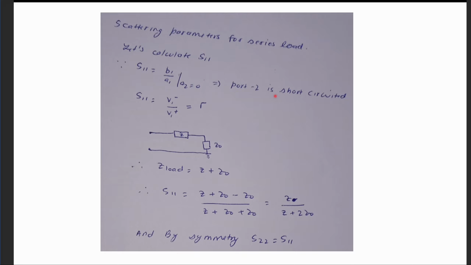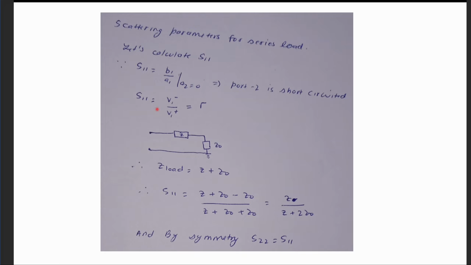That means your port 2 is terminated in Z0. And again S11 you can write as V1 minus upon V1 plus, and similarly you can define it as a reflection coefficient.